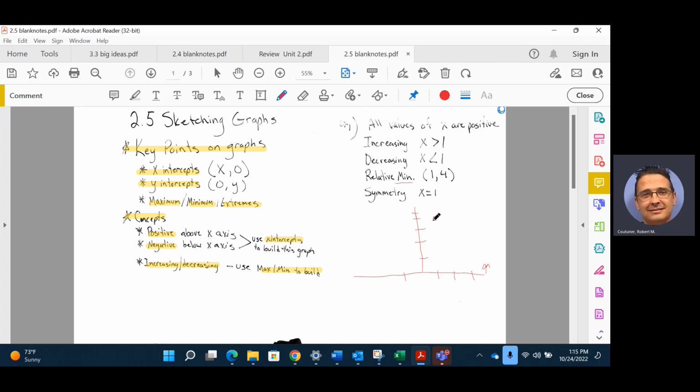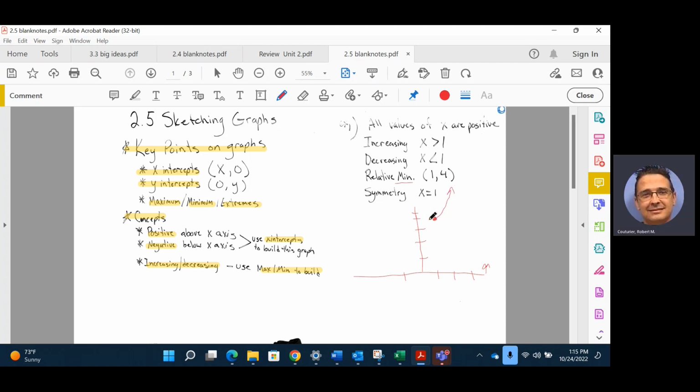Now we can start to get something going here. And they said from this coordinate, now that we know that this is a minimum value, meaning it's supposed to be the bottom of a change, any number of x that's greater than that is going to be increasing.